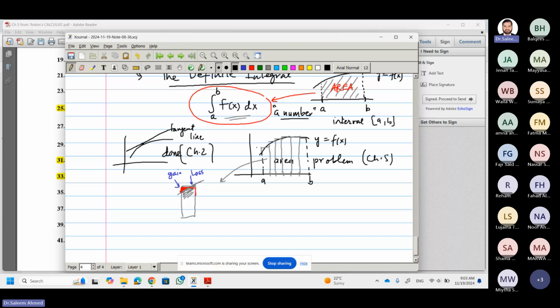And we are not doing it just at one place. You see here, we are getting extra area, we are losing some area. We are getting extra area, losing some area, extra area, losing. So at each portion, we are gaining and losing. So if I add up all these areas, area of this, area of this, area of this, then we get the area of rectangles.